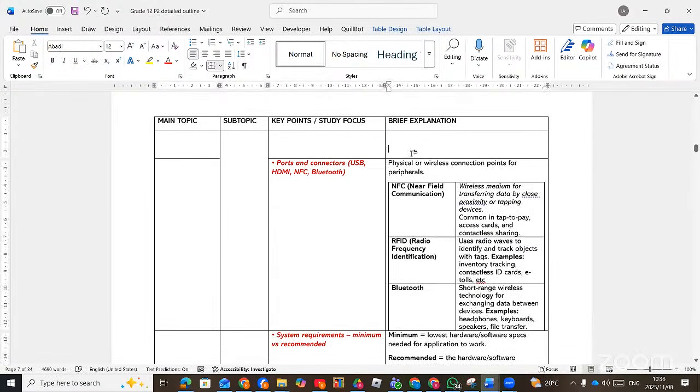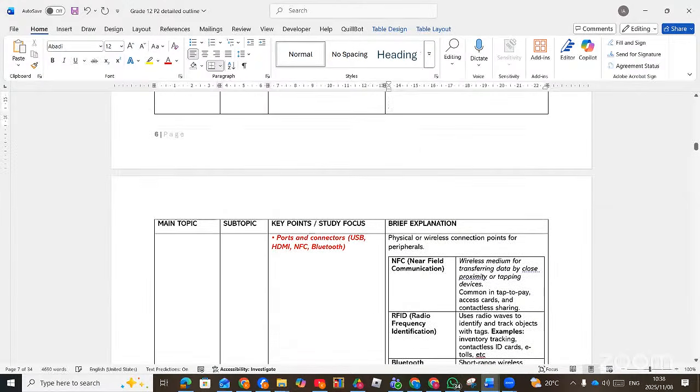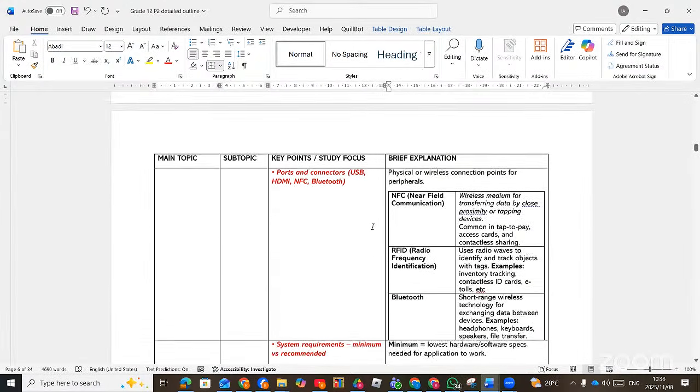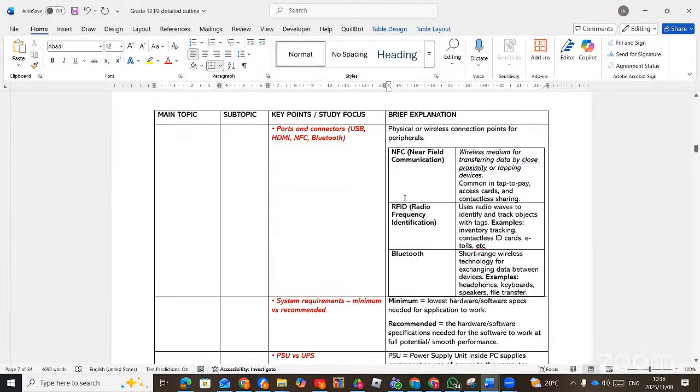Then let's also look at different ports and connectors. Like for instance, the NFC, near field communication. They work or transfer files by bringing them in close proximity or tapping devices.